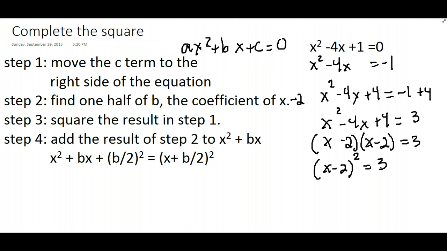So to get that x by itself, the first thing we need to do is take the square root of each side. So we take the square root of (x minus 2) squared equals the square root of 3.